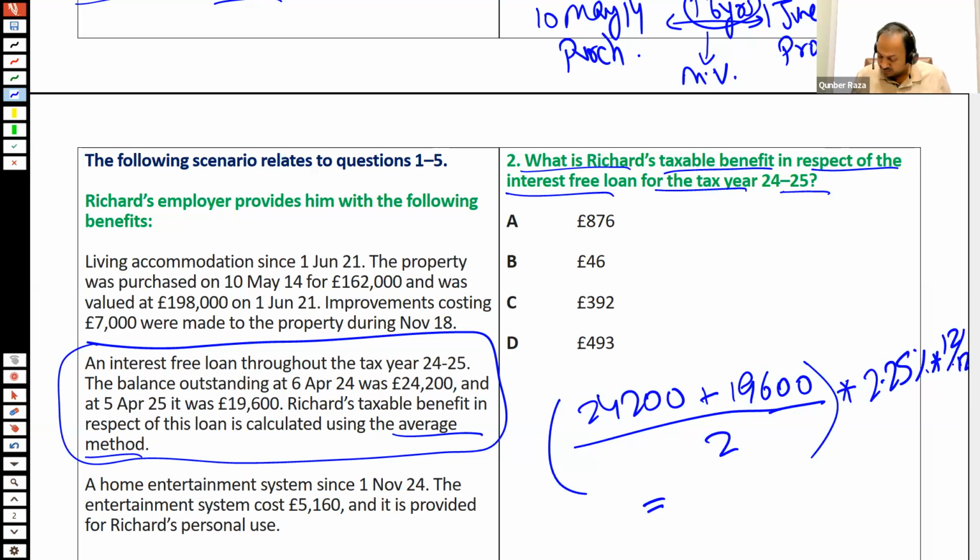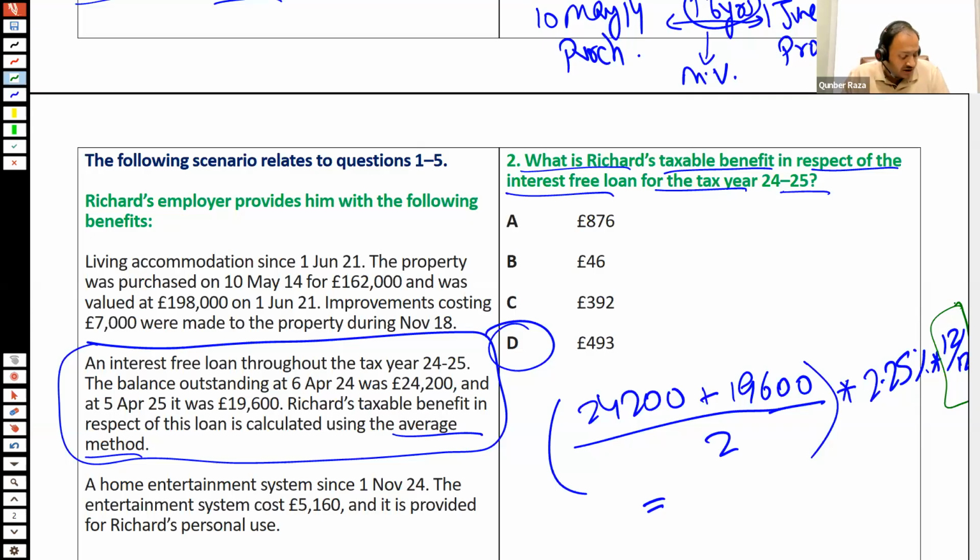Normally there is one interesting confusion with students: when will this be 12 upon 12, or is there any situation when this will not be 12 upon 12? The answer to this question is, for the average method, it would remain 12 upon 12.